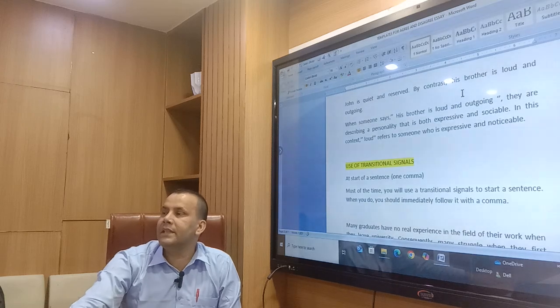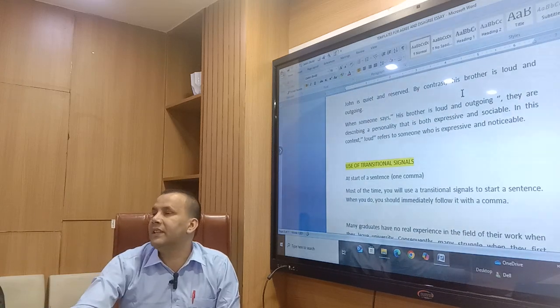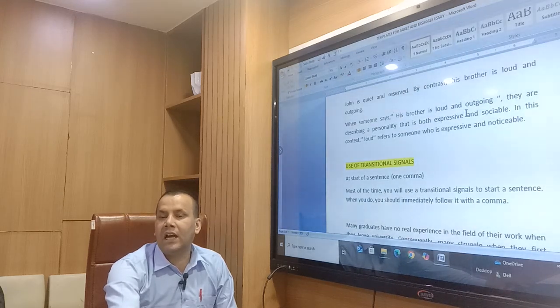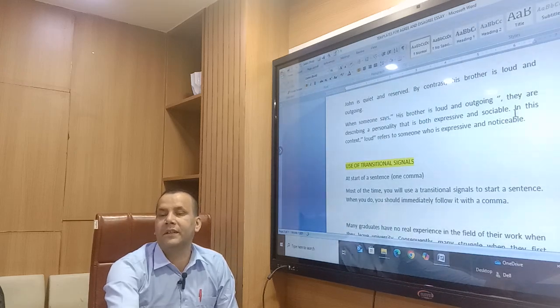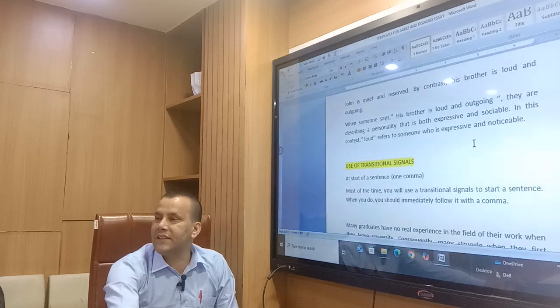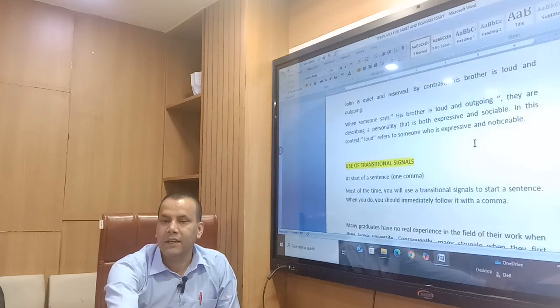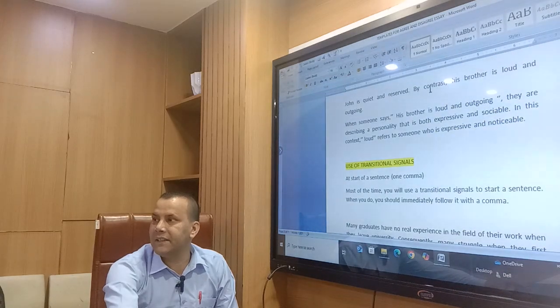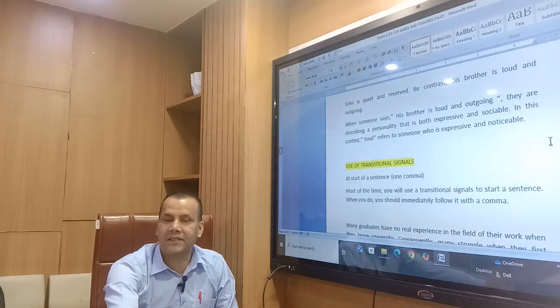Here loud means the person who expresses his feelings openly. Okay. When somebody says his brother is loud and outgoing, they are describing a personality that is both expressive and sociable. In this context, loud refers to someone who is expressive and noticeable. Okay. So here we can use by contrast in IELTS speaking, IELTS writing task 2.